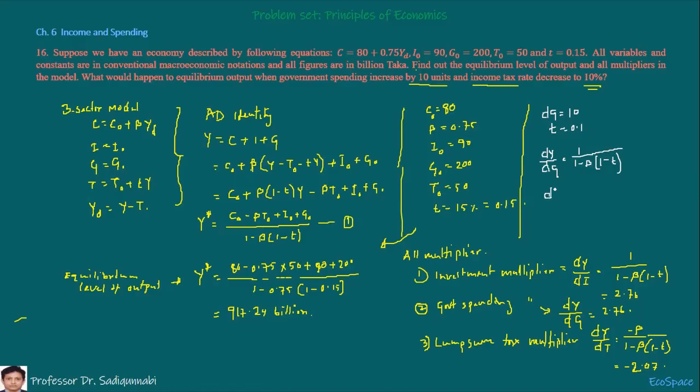So this is equal to 1 upon 1 minus 0.75 times (1 minus 0.1), which is equal to 1 by 1 minus 0.75 times 0.9, which is equal to 3.08.